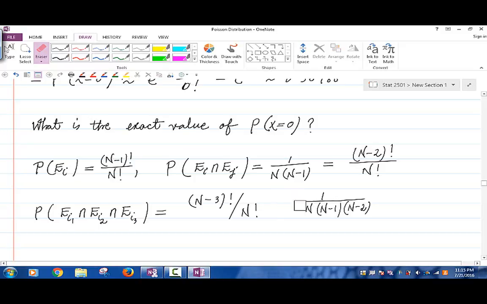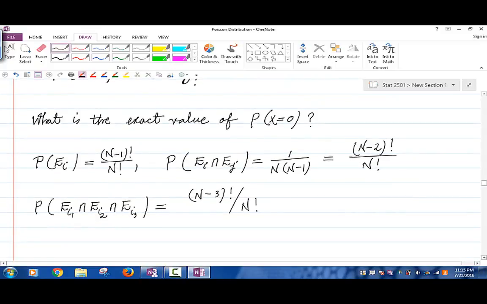So let's just keep these values in terms of the factorials.